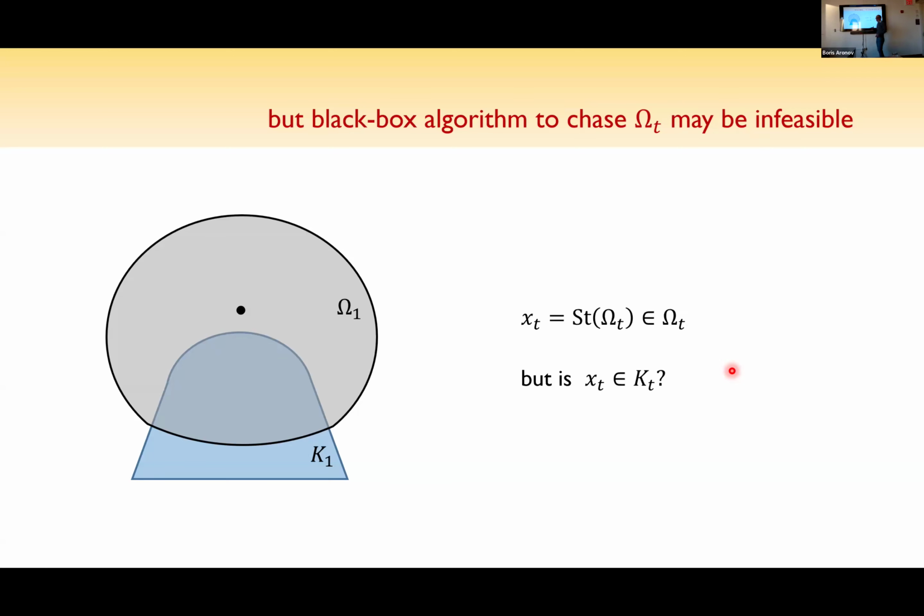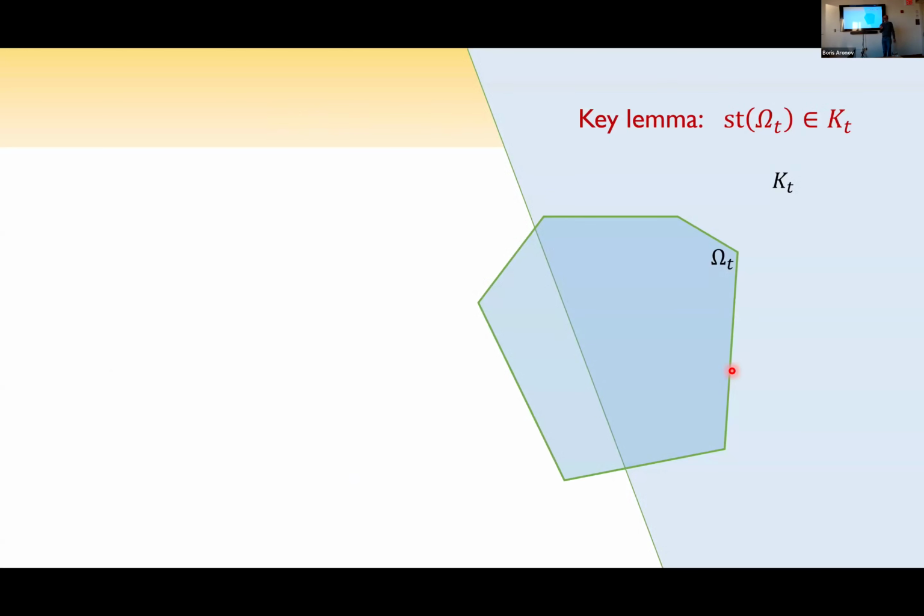Actually, so far I could have said use any nested algorithm to chase these nested sets. But then this statement would be false, patently. X_t need not be inside K_t. But the Steiner point is. X_t will be inside K_t. And that's the key lemma.